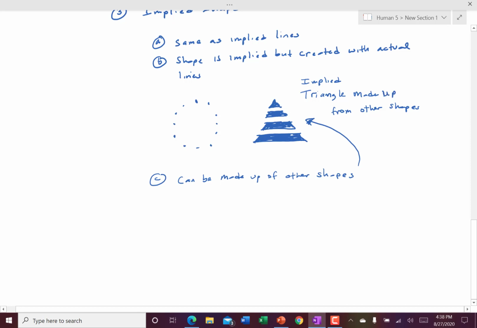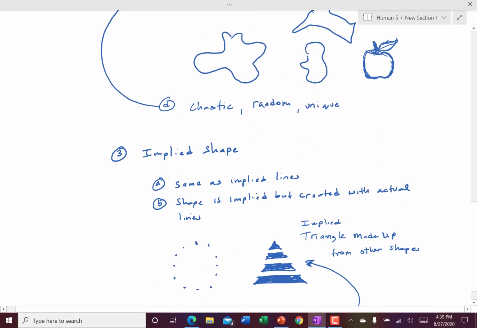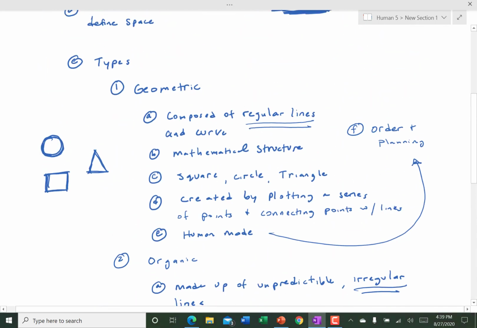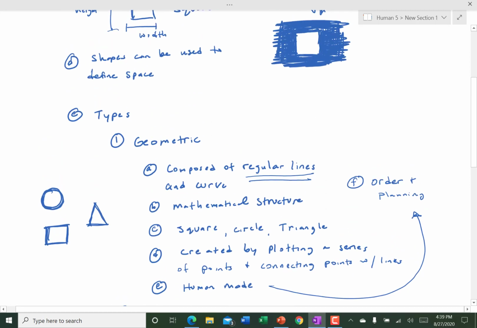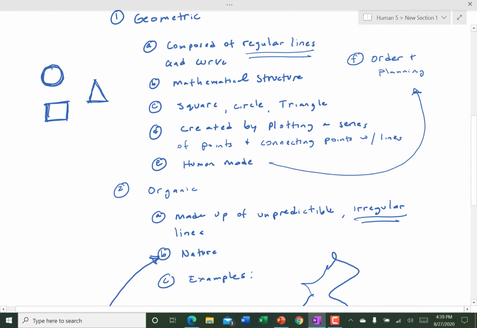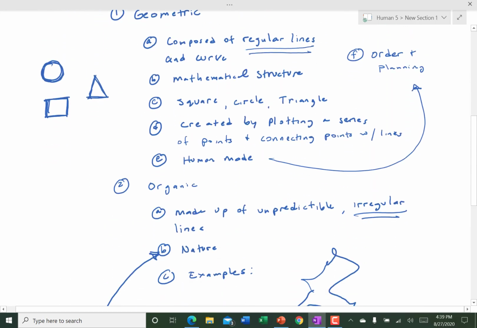So the smaller triangles are not implied, right? Because those would be actual triangles, but then the larger triangle would be the implied shape. So it can get a little detailed depending on how you decide, if you're making a small triangle, to make an implied large triangle. And then let's see, the last thing with that before we keep going.